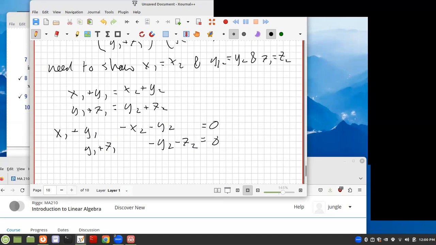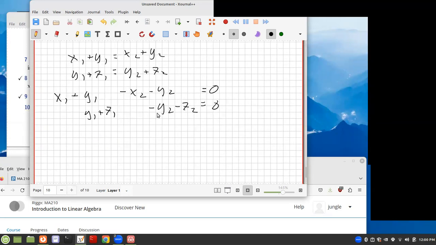So here we have a linear system, and we could write the augmented matrix for this as 1 1 0 -1 -1 0 and 0 1 1 0 -1 -1 0 0. And you can see right away that this is already in echelon form.